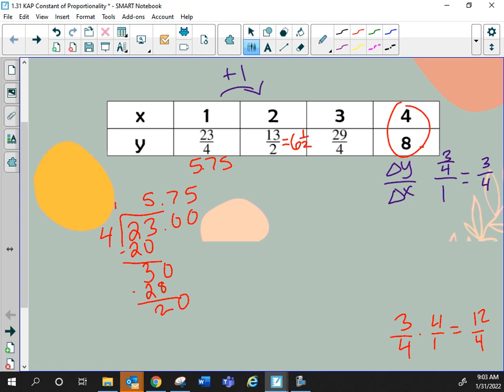And 6 1/2 is what decimal, class? 6.5. And then you can find your difference that way. You can do 6.5 minus 5.75. Because it's decimals, I would need to add in that 0 and then subtract. 10 minus 5 is 5, 14 minus 7 is 7, and 0.75. That change of 3/4 is the same thing as the decimal of 0.75.